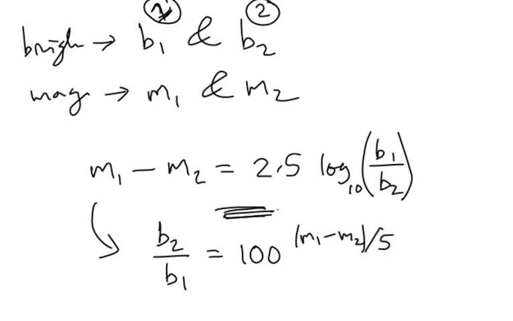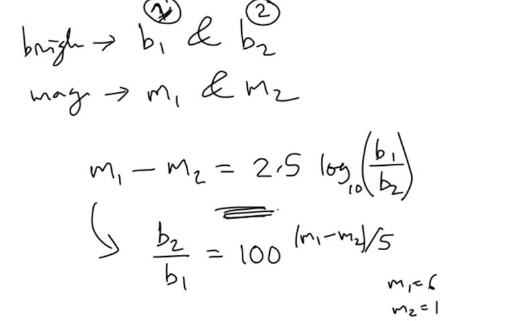Now you see, if M1 is equal to 6, the faintest star to the naked eye, and M2 is equal to 1, the brightest star to the naked eye, then what is M1 minus M2? It is equal to 5, and so 100 to the power 5 by 5 is just 100 to the power 1, or just 100.